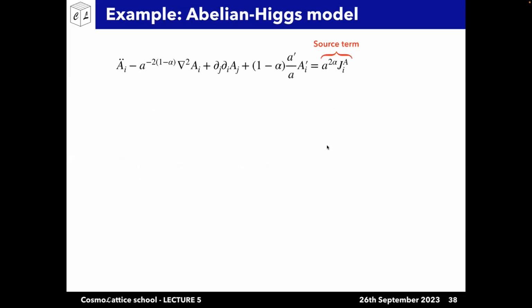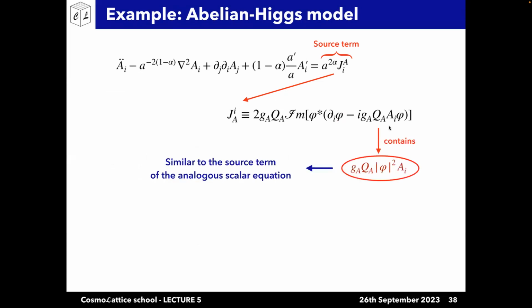So let me emphasize that in the abelian Higgs model, I'm going to show you now the results of the simulation. But let me emphasize that in the abelian Higgs model, you focus on the gauge fields. You have a source term, which is given by the current, which is given by this expression here, and this current basically contains the term phi squared A_i, right?